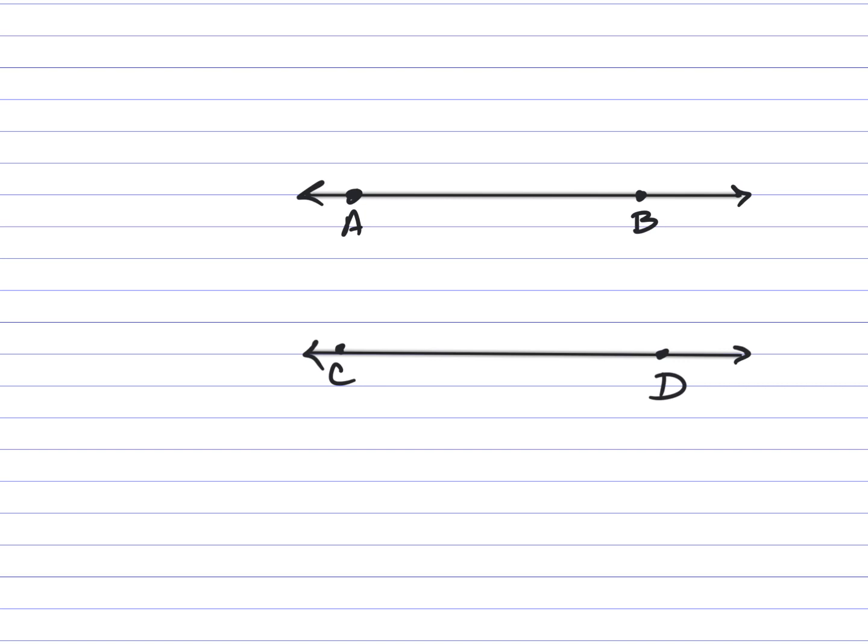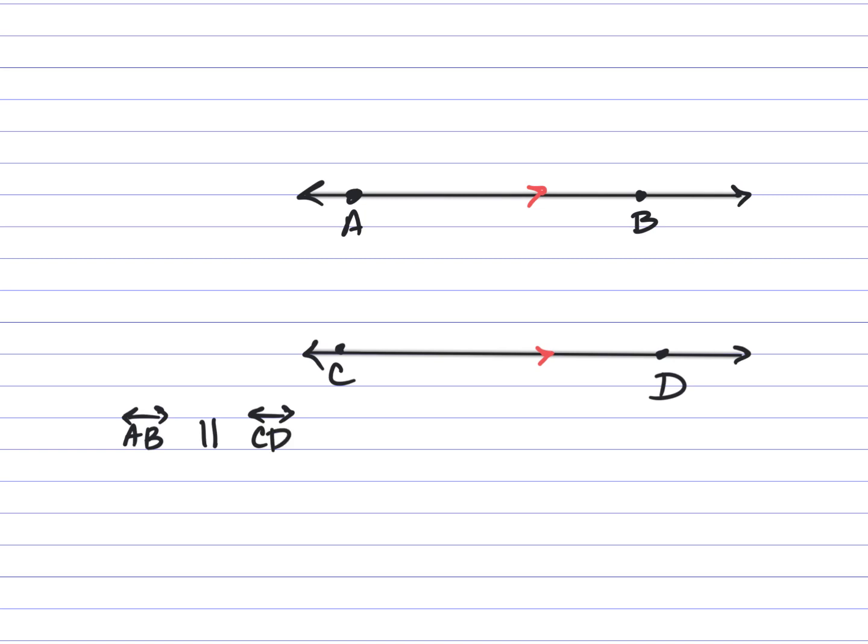Usually you'll either be told that they're parallel or you'll see these markings. If you see these little arrows on two lines that are next to each other like this, that means that they're parallel. So we would say line AB is parallel to line CD.